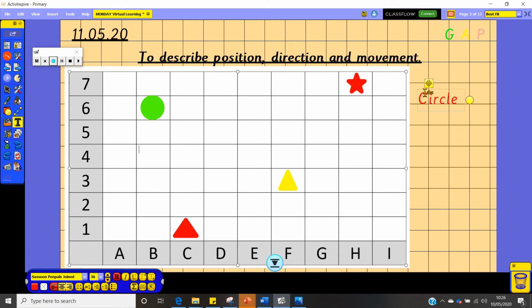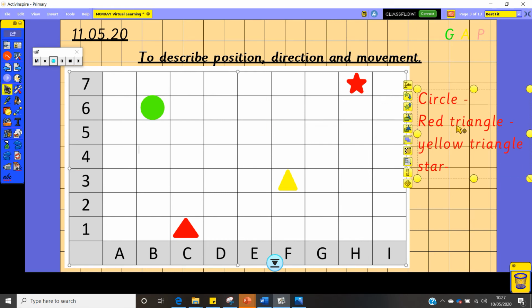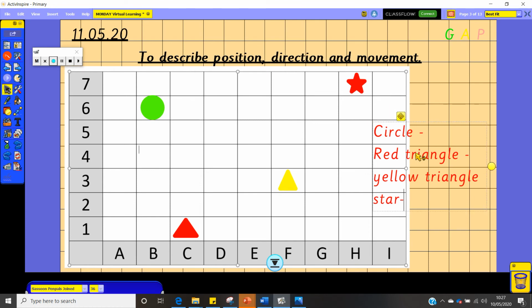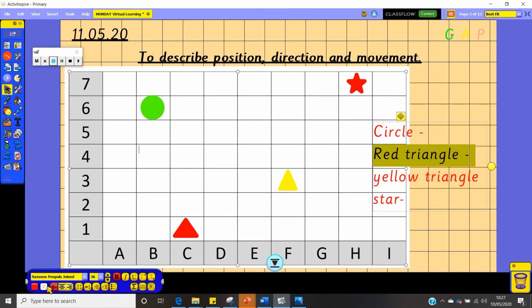So if we start with the circle first of all, then we've got the red triangle, then we have got the yellow triangle, and finally the star. Let's have a look together and find the coordinates of these objects. So we have got here the circle.